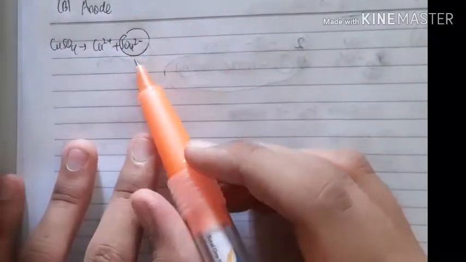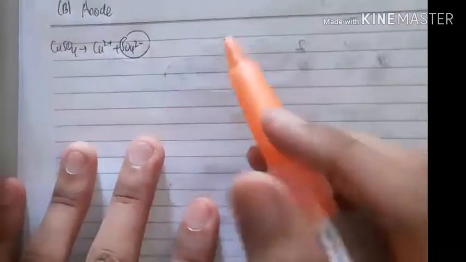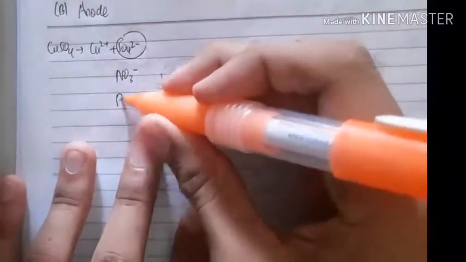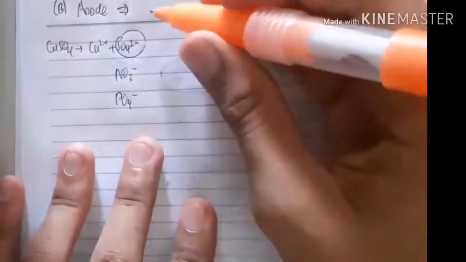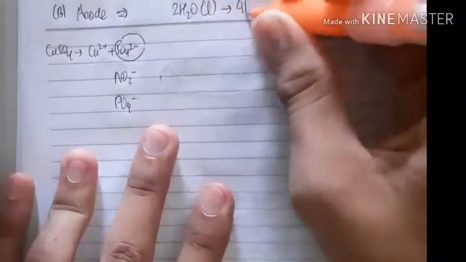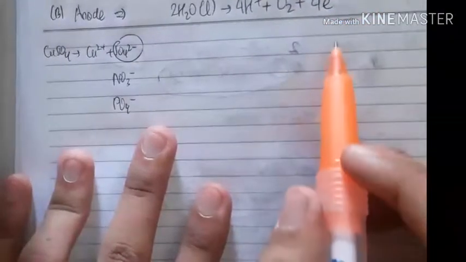And remember that sulfate ion comes from an acid, right? So if there is an acid ion like sulfate ion, NO3 ion, or phosphate ion, just remember that in this reaction, water is being oxidized. So the reaction is 2H2O becomes 4H plus, plus O2, plus 4e minus.